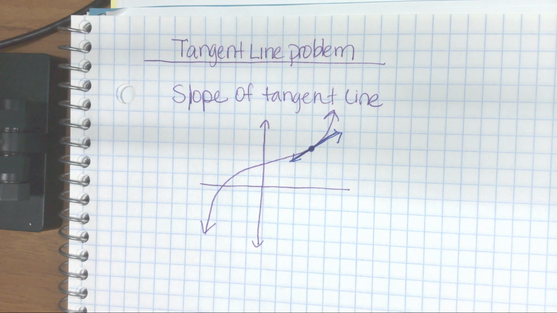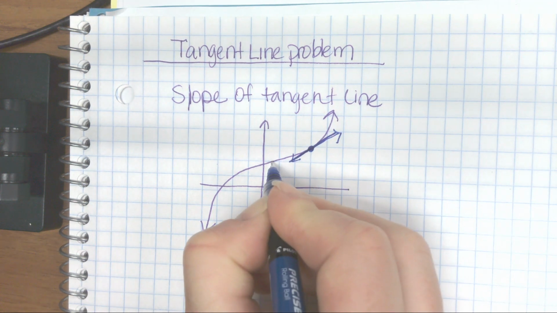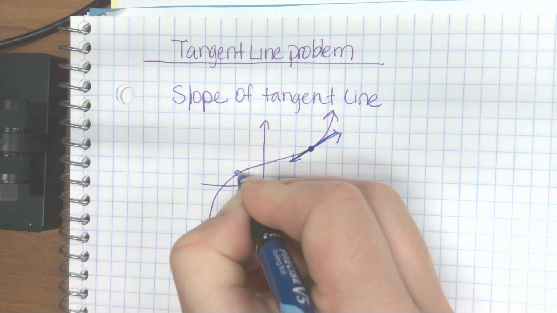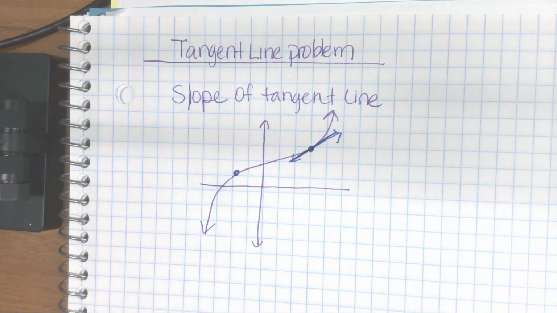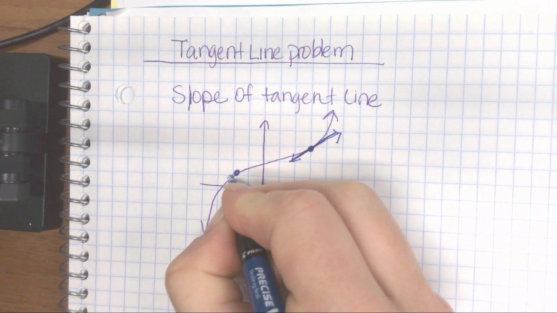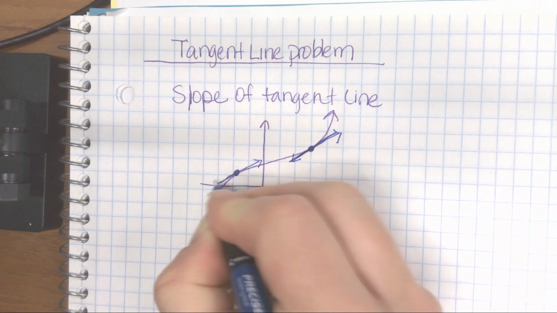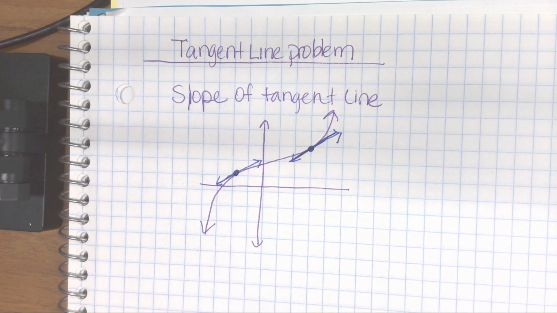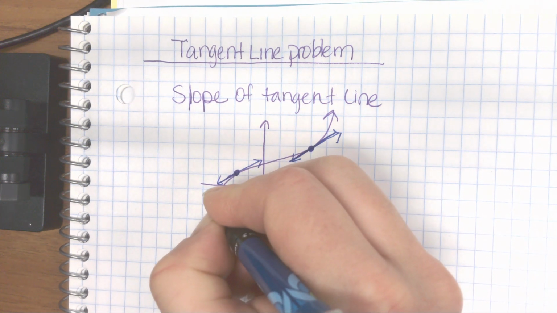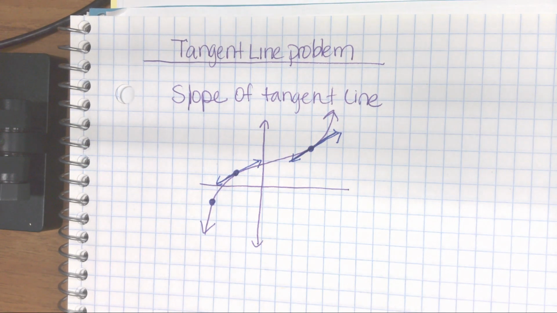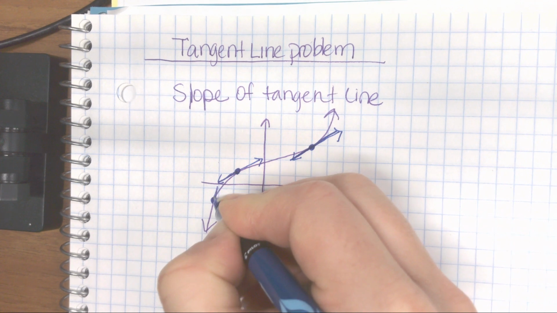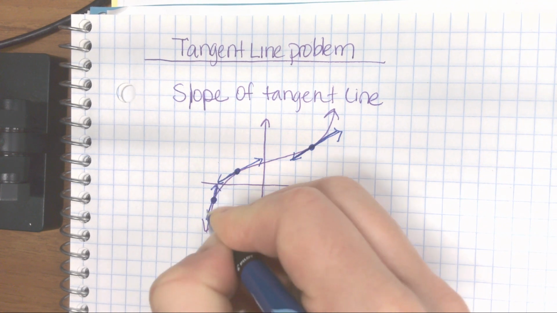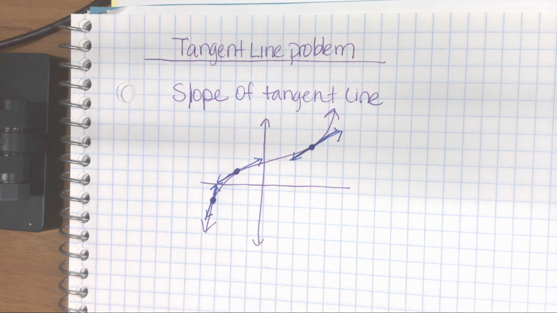And so as we move along this line, let's say I wanted to do a tangent line right here, so curves have tangent lines at all different points. If, for instance, I wanted to do a tangent line here, I'm hoping you're seeing that the slope changes, right? Isn't the slope steeper there?